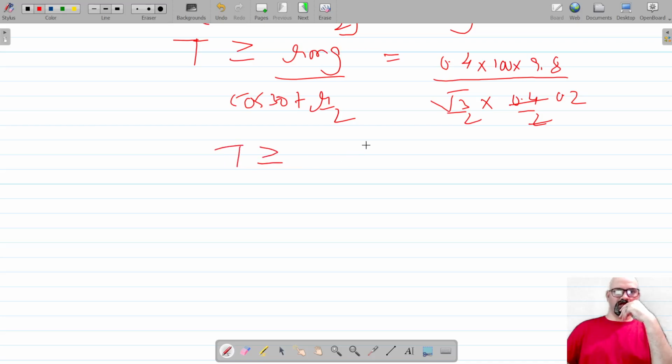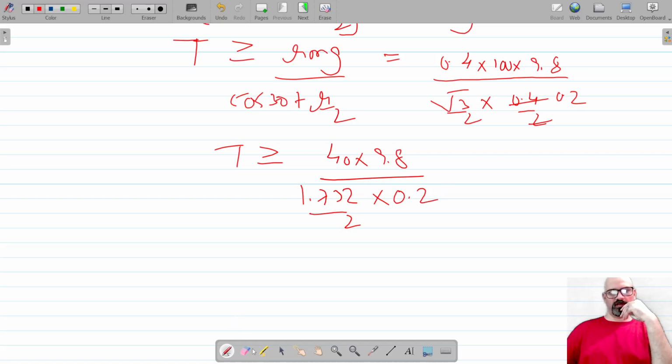So T should be greater than or equal to 0.4 into 100, which is 40, and 40 into 9.8, over root 3, which is 1.732, divided by 2, plus, this is actually plus, 0.2.